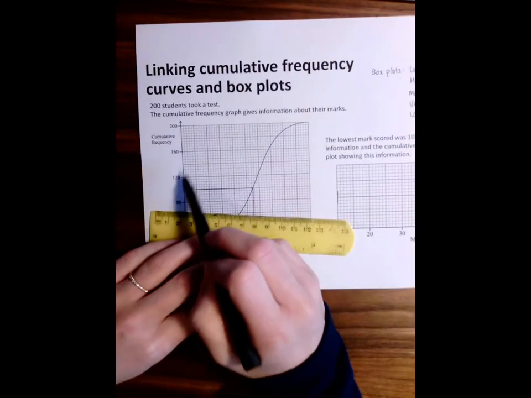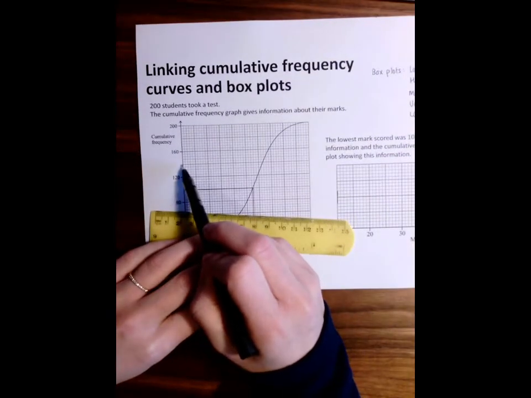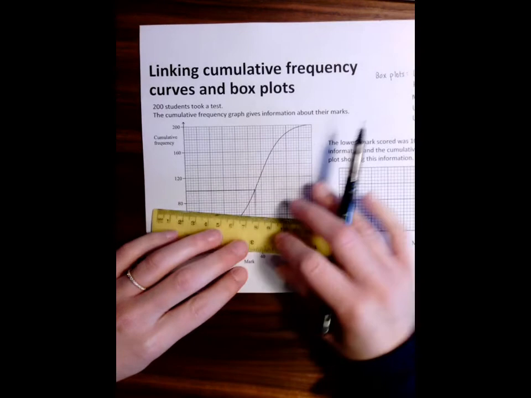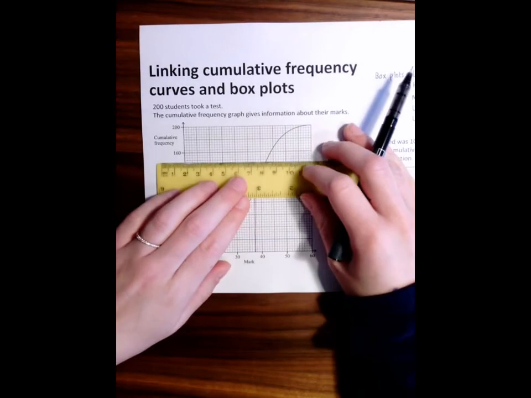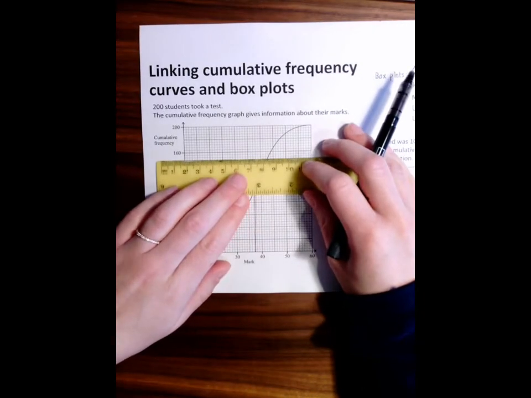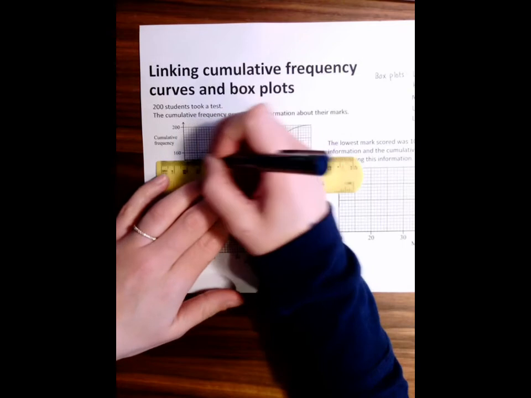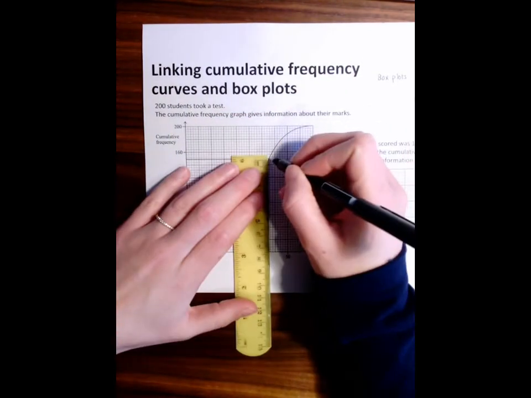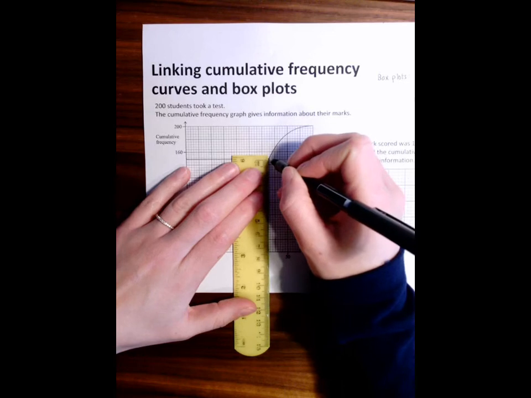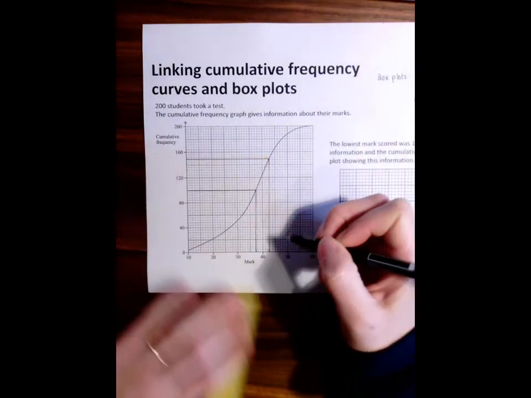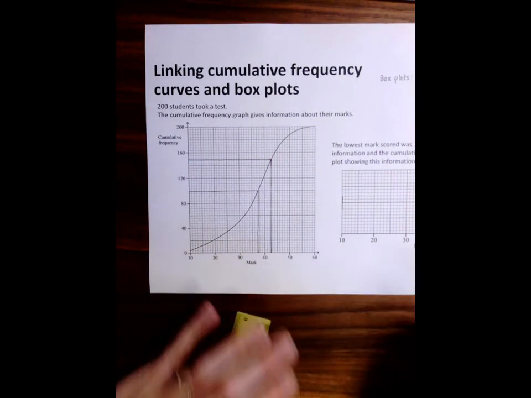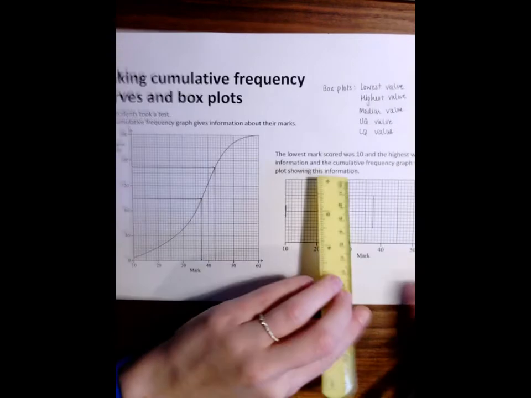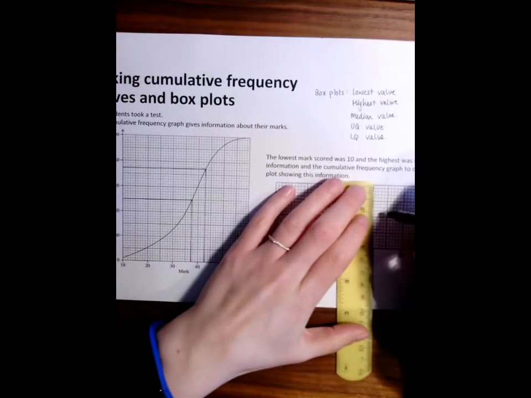Now because of the scale, this here would be 140, right in the middle of there, so we need to go in the middle of that again, so 2.5 squares up. Okay, and then that, for me, goes down to 42.5. So go over here to 42.5.